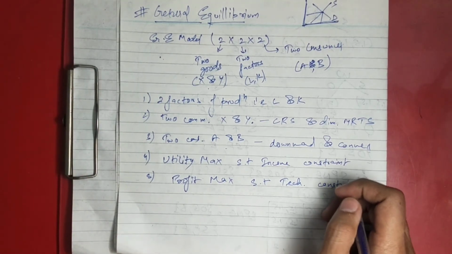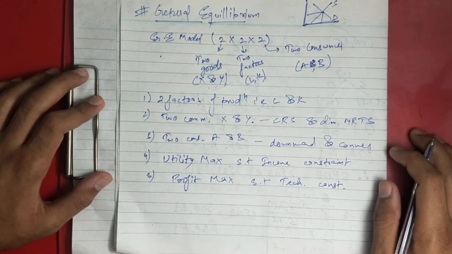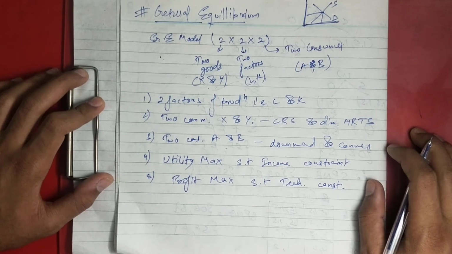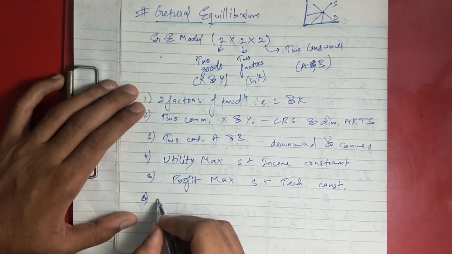Okay, so now we will see the sixth assumption. The sixth assumption is that the factors of production are owned by consumer A and B. That will be their endowment.